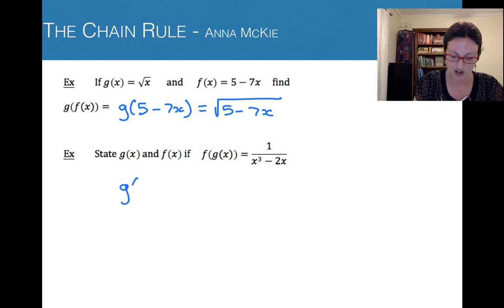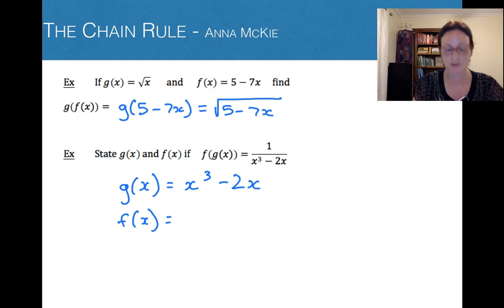So we would write g of x is equal to x cubed take 2x. Now there may be more than one answer for these f of x and g of x functions, but I'm just going to provide one. And the second one is, if you imagine that as an x into that function, you would end up with 1 on x. Obviously you can always check this by substituting it back in.